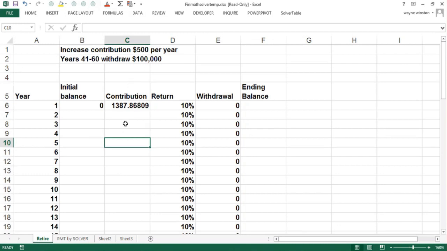So every year 1 through 40, I'll increase the contribution $500 a year. All I've got to do is figure out what I'm going to contribute during the first year. That's my changing cell, and that'll be my target cell.